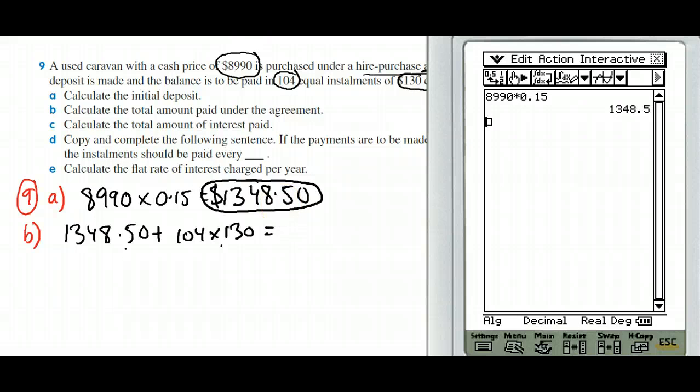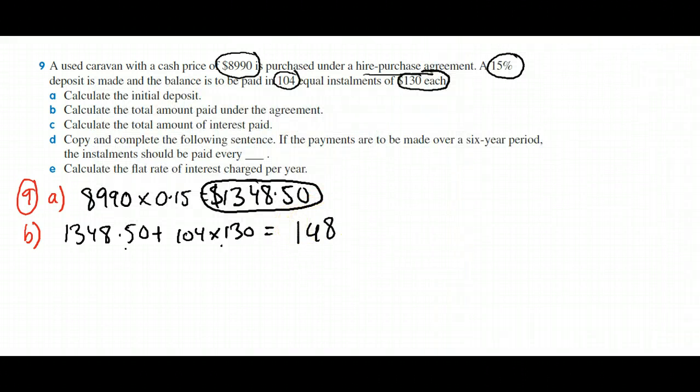So let's do our answer, plus 104 times 130, 14,868 and 50 cents. Okay, so that's what we're going to pay for this caravan on this hire purchase scheme.